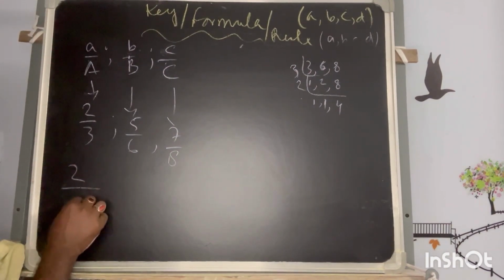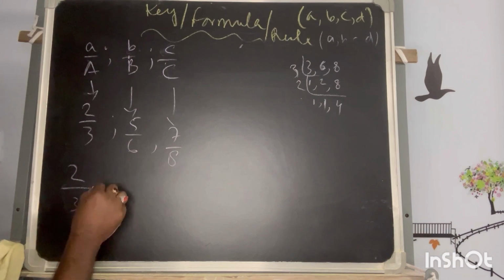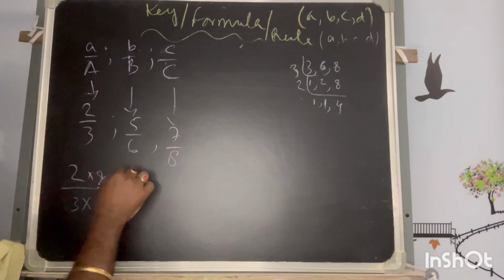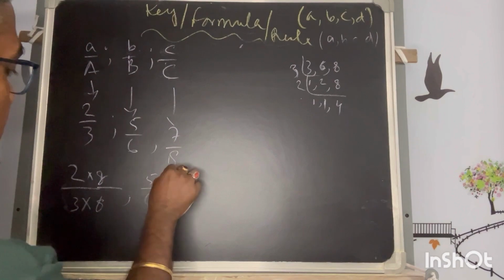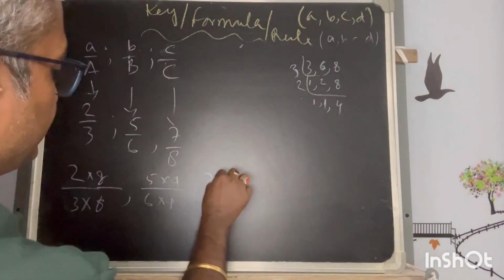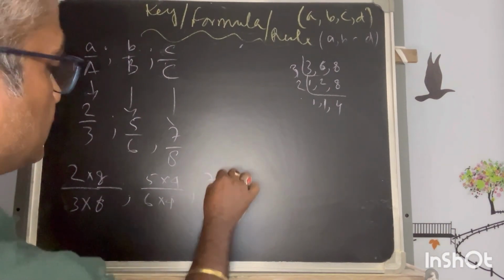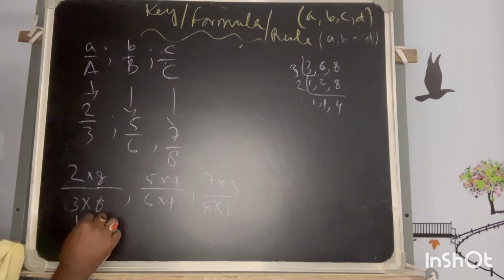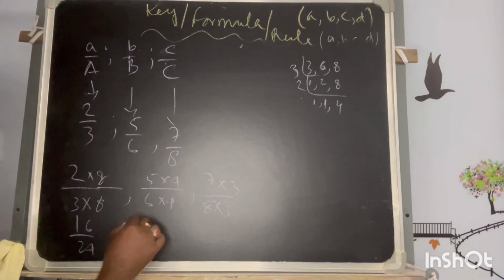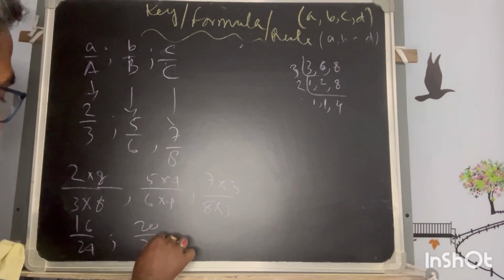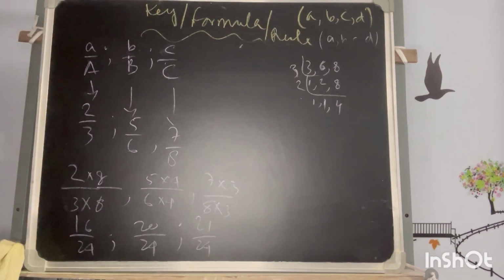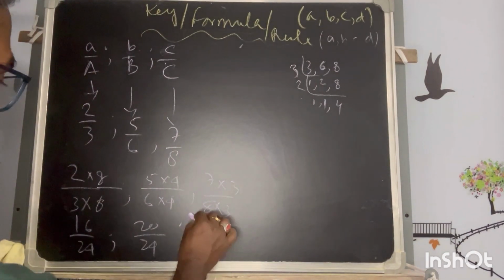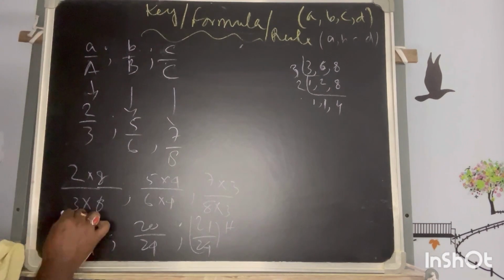So 2 by 3 becomes 8 into 2, that is 16 by 24; 5 by 6, multiplying by 4, is 20 by 24; and 7 by 8, multiplying by 3, is 21 by 24. So out of this, which one is highest? This one is highest and this one is lowest.